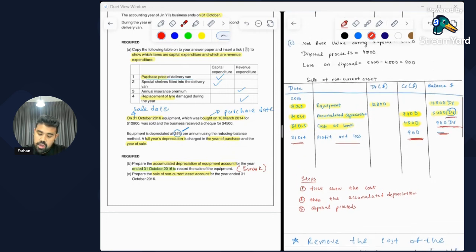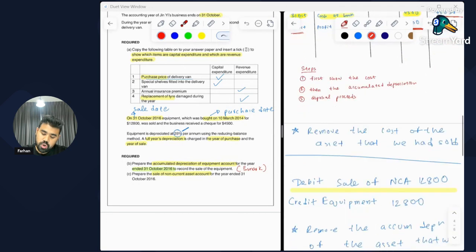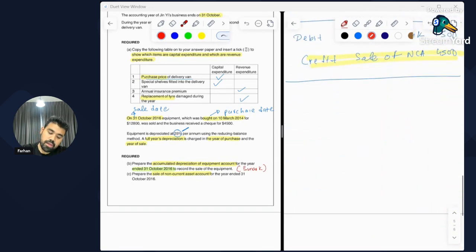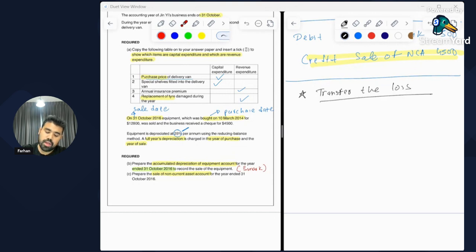And if you want to understand how this works, let me show you in terms of the loss. Transfer the loss. Loss on sale of a non-current asset or loss on disposal of a non-current asset is an expense in itself, and all expenses are debited by default.